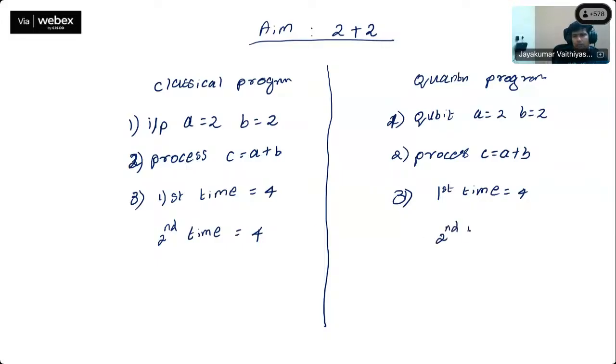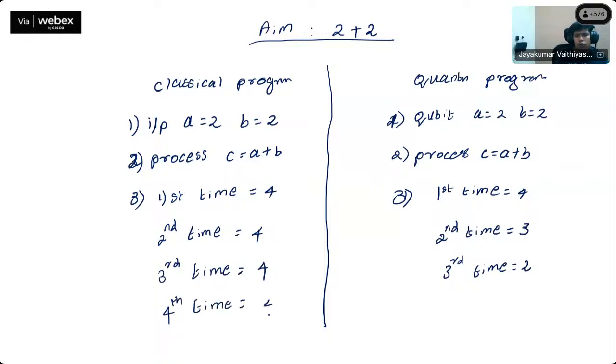But in quantum, the second time you'll get output as 3. Third time in classical, you get 4; third time in quantum, you'll get 2. Fourth time in classical, you'll get 4; in quantum, the fourth time, you'll get 1.